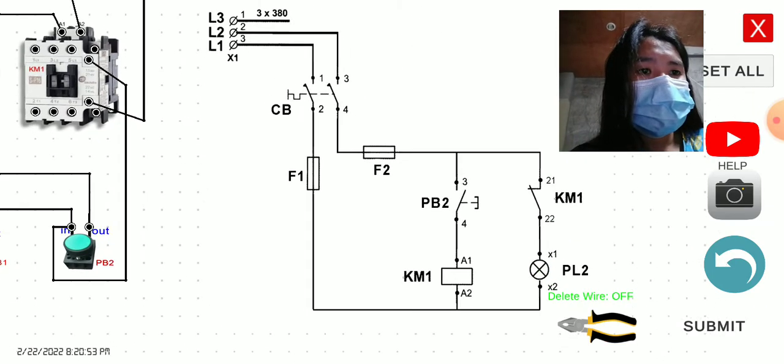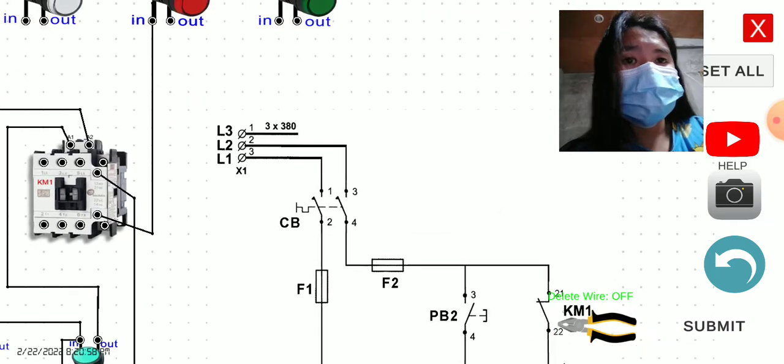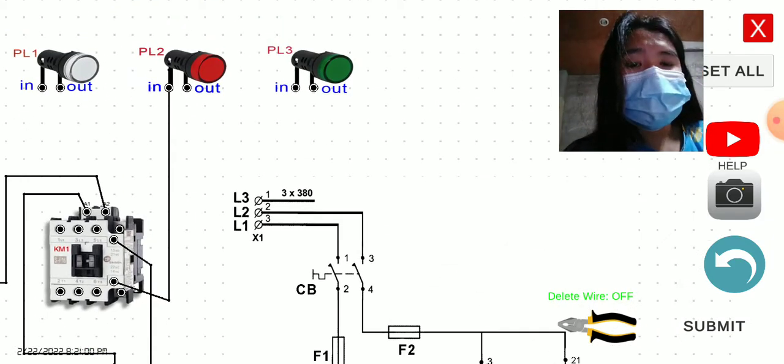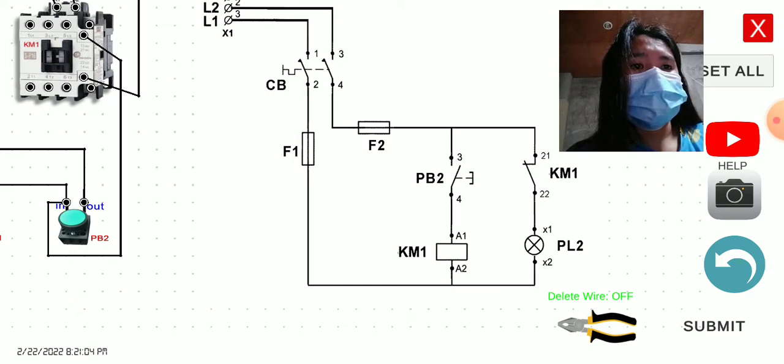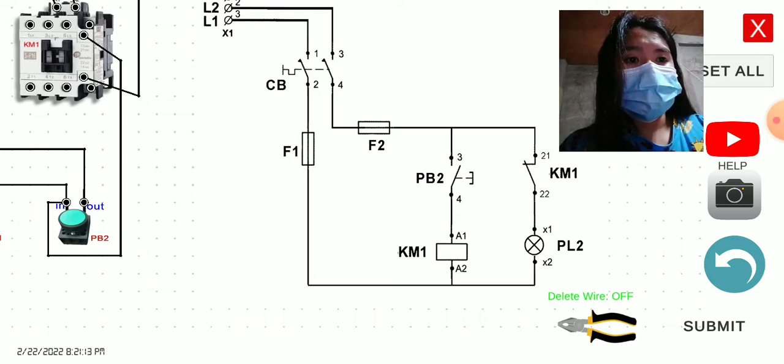Now, we will connect our output of the PL2, which is the X2, to our coil A2 here. Again, we can connect it to fuse 1, but it is easier if we will just connect it into our coil A2.